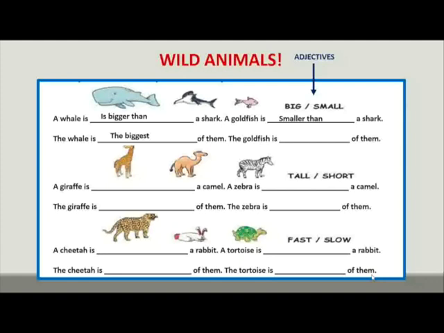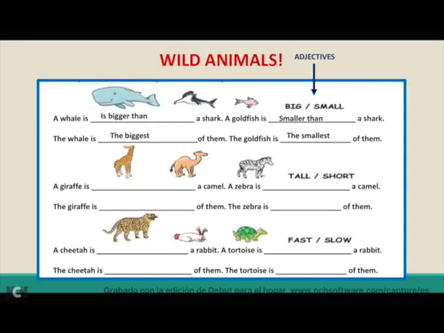The goldfish is the smallest of them. As you can see, we got different adjectives. In the next exercise, we got tall and short. And then we got fast and slow. Now you can work by yourself.